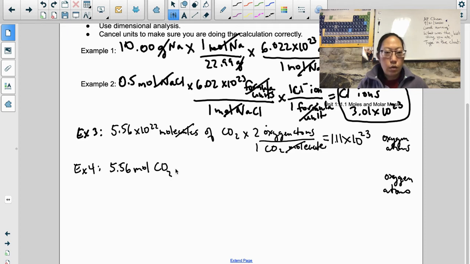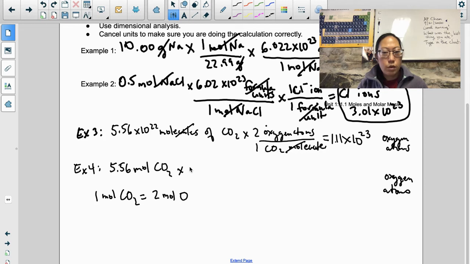Now I can use the same ratio that was in our molecule to convert my moles of CO2 to moles of oxygen. For every 1 mole of CO2, that's equivalent to 2 moles of oxygen. I can get 2 moles of oxygen out of every 1 mole of CO2.